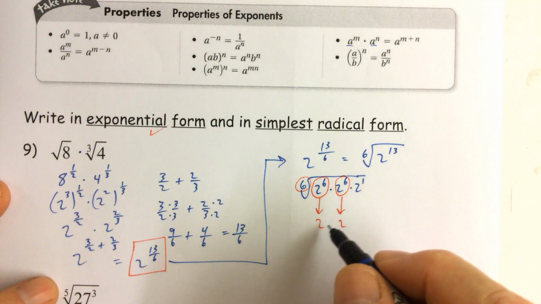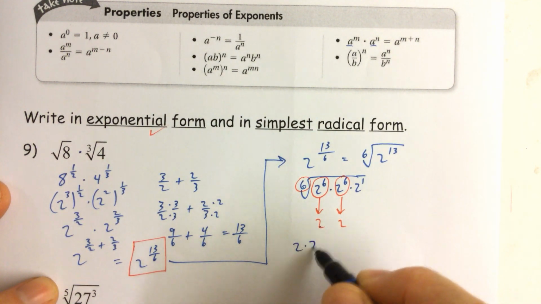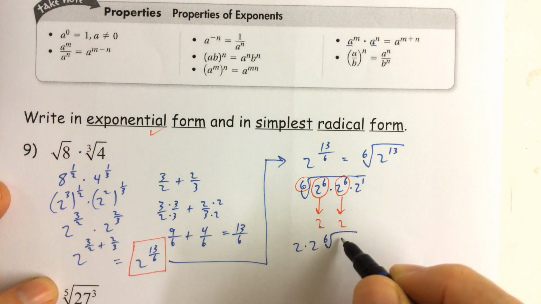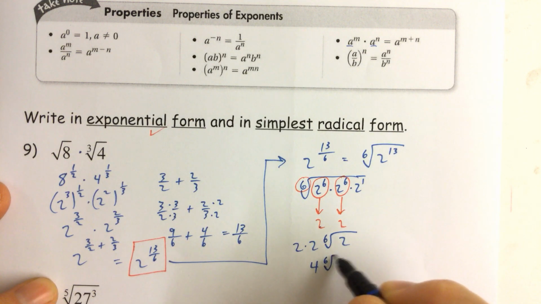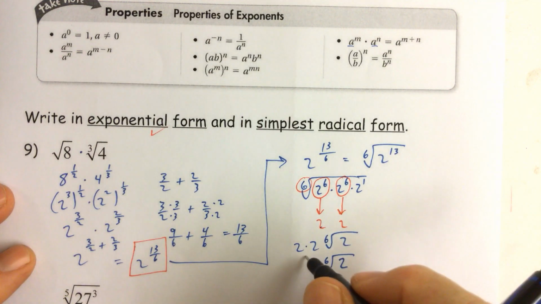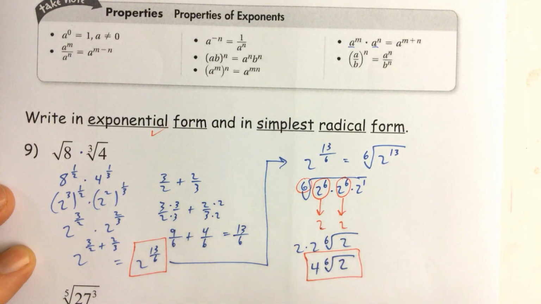And so we end up getting 2 times 2 on the outside times the 6th root of 2, and that means we can multiply the 2's together. 2 times 2 gives us 4, and then multiply by the 6th root of 2. So that right there is the simplest radical form. And that's kind of a cool problem, because if you can do that problem, you can do any of these. And I will take one more video to do example number 10.